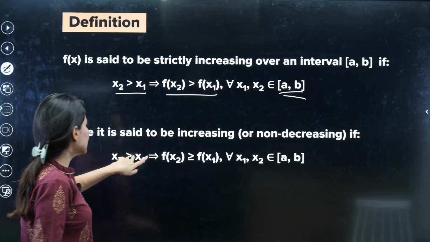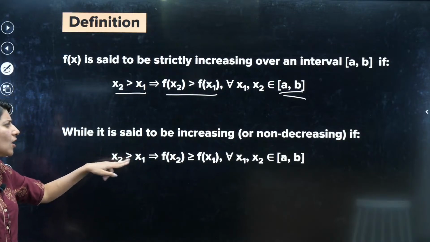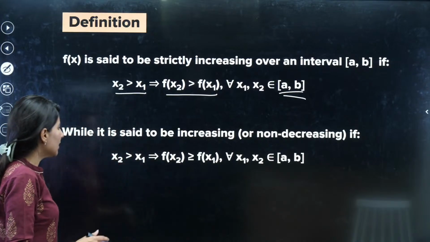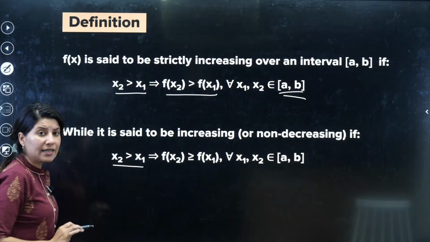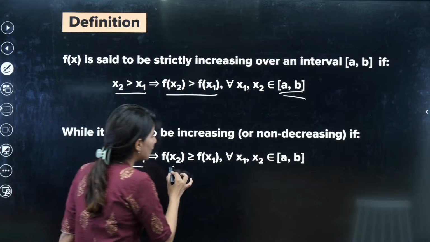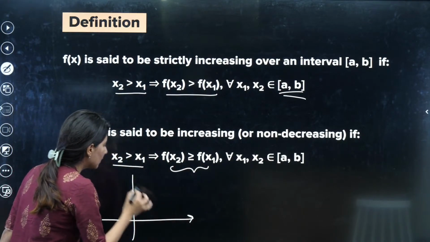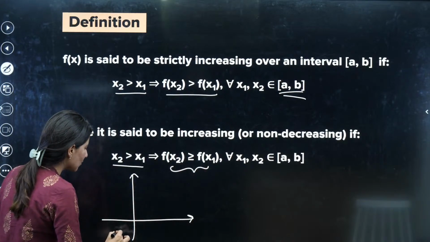What about increasing? Increasing function is also called a non-decreasing function, wherein we say that x2 greater than x1 means f of x2 is greater than or equal to f of x1.